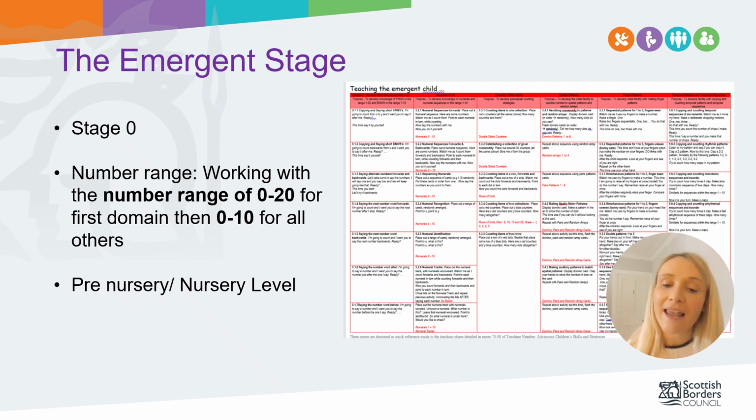If a learner was on track with their numeracy and mathematics skills, you might see learners managing some of these skills and tasks even pre-nursery and then into nursery. But we know that we might be working with a lot of learners either throughout primary school or even into secondary school that maybe still have gaps in their learning at different aspects of the emergent stage.